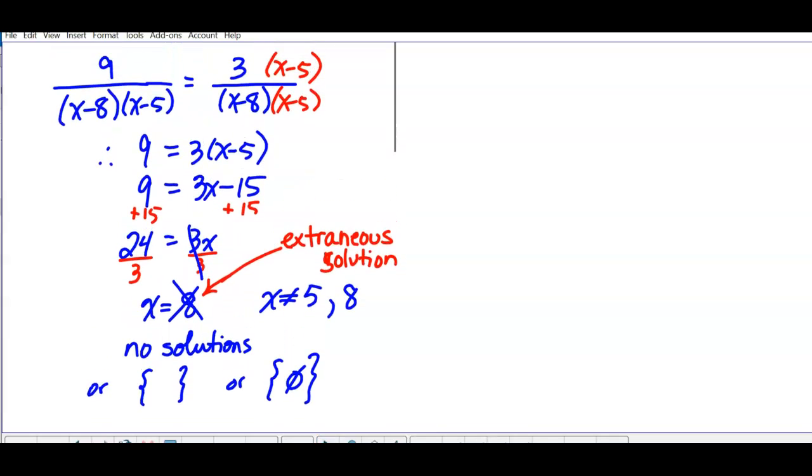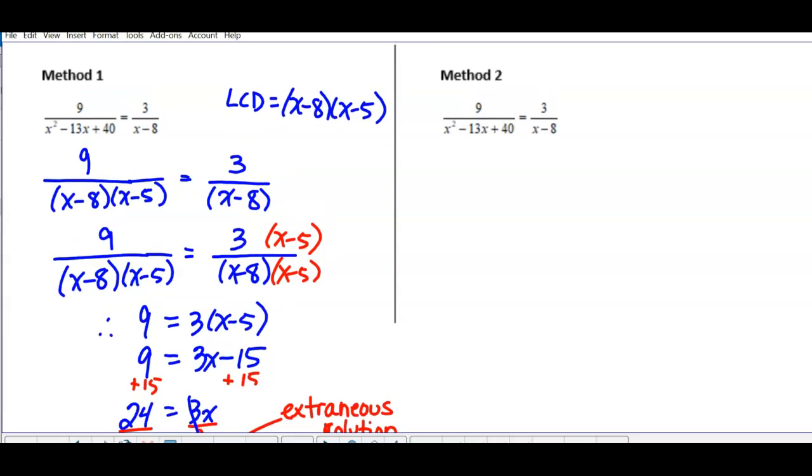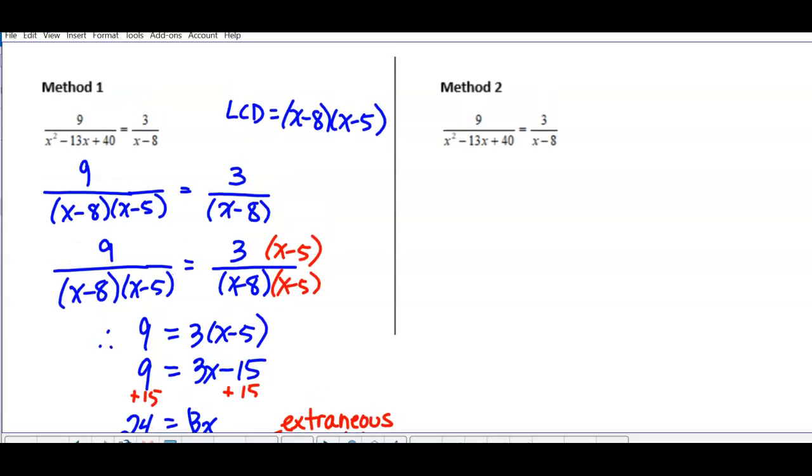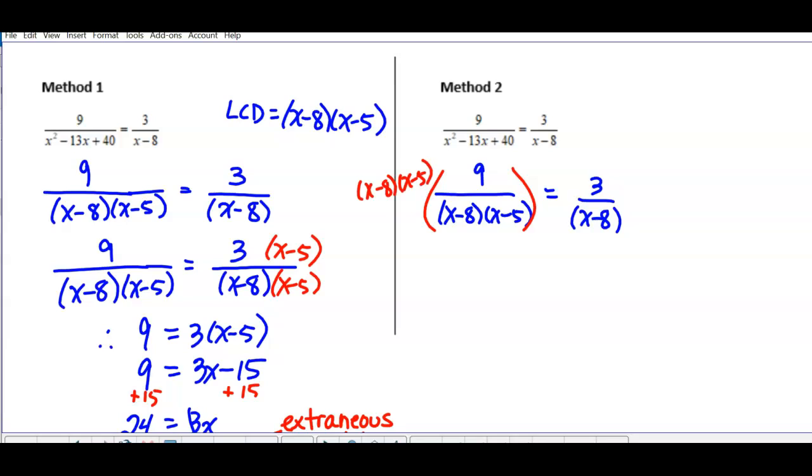So the other method, what would be different? Not too much, really. You show your factored form, and then you multiply through by your lowest common denominator. And so you can see the whole denominator divides out and you're left with 9.